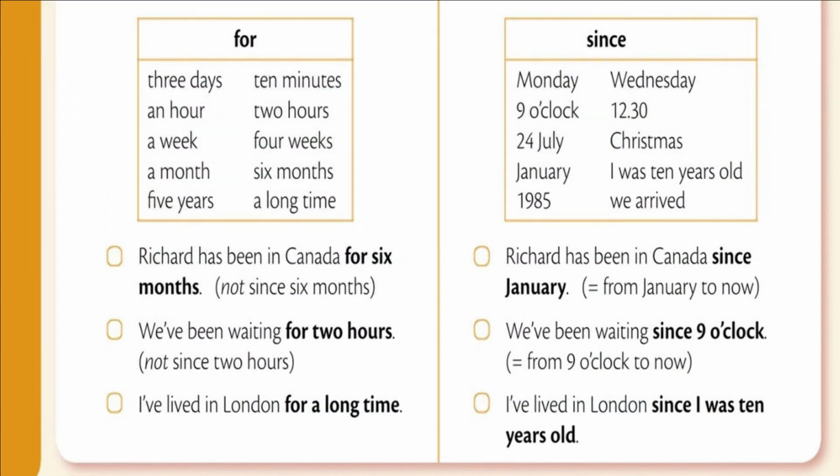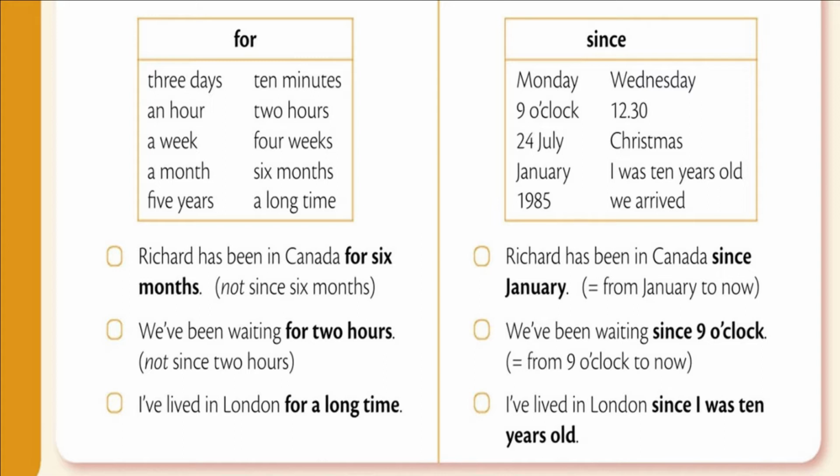How to use for? For 3 days, for an hour, for a week, for a month, for 5 years, for 10 minutes, for 2 hours, for 4 weeks, for 6 months, for a long time.